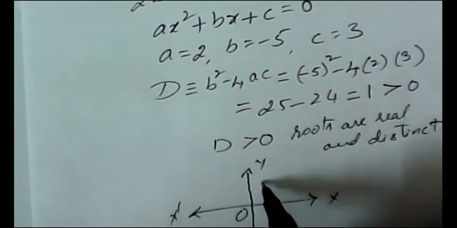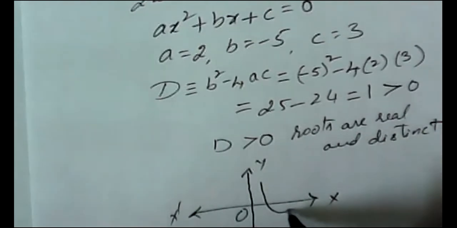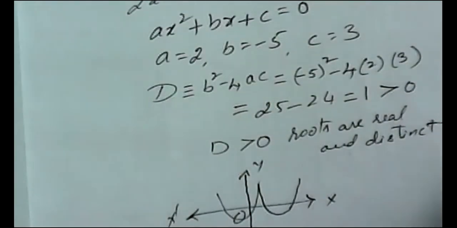Like this, or like this. So compulsorily it is cutting 2 points. So let us see how are those 2 points by seeing exactly the graph.